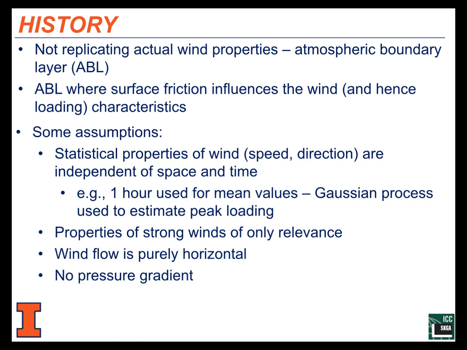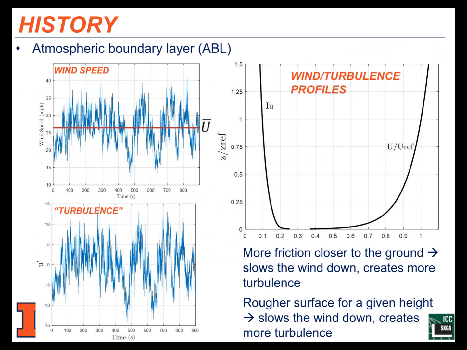Let's get into a little more specifics of this atmospheric boundary layer. On the top left is the same wind speed trace I showed back in the beginning. Typically in wind engineering, we assume the mean wind doesn't change over these hour-long time scales.